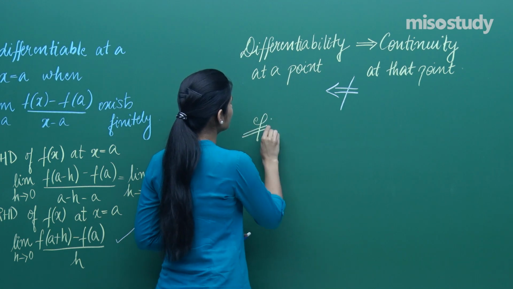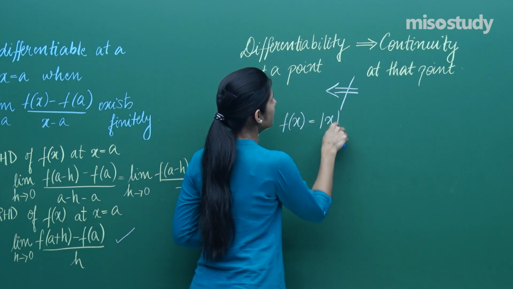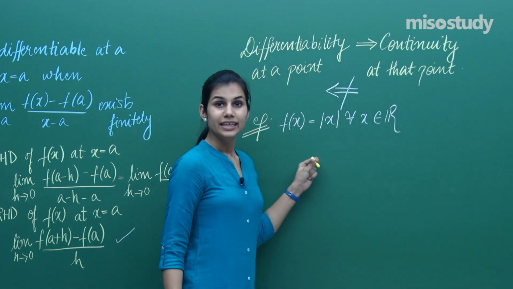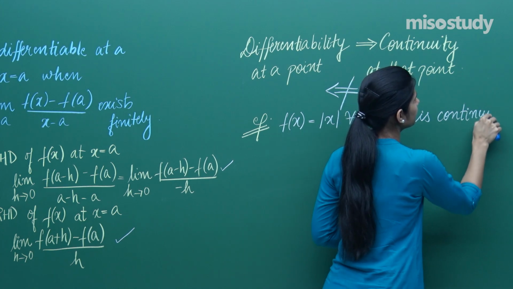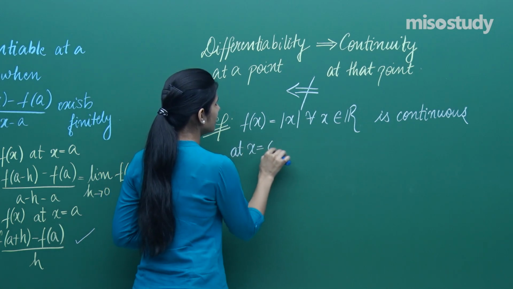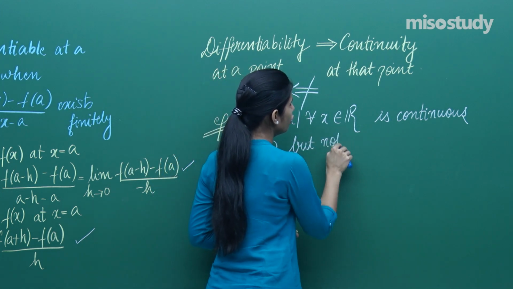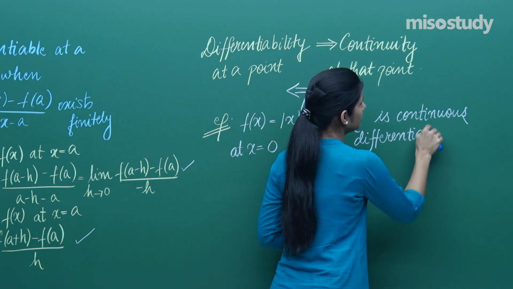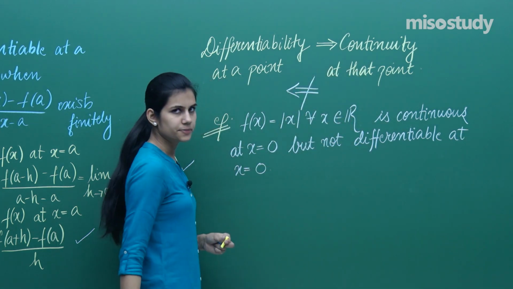Well, the example of such a function is f(x) equals mod x for all x belonging to R. This function is continuous at x equals 0, a point of its domain, but not differentiable at the same point.